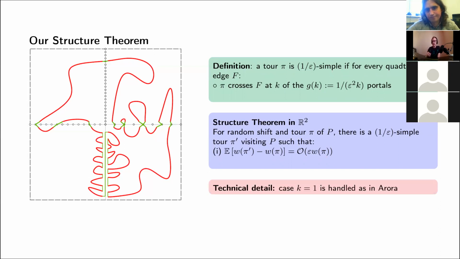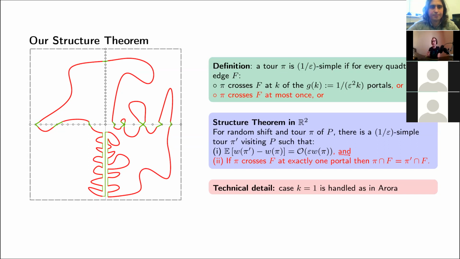Right, there is one technical detail that I have here. It doesn't work for k equal to 1. So if it crosses only once, then it has to cross at exactly the same point as the original tour pi. Then it will be called 1 over epsilon simple. And our structure theorem will say that when you are crossing only once, the tour will not cross through the portals.